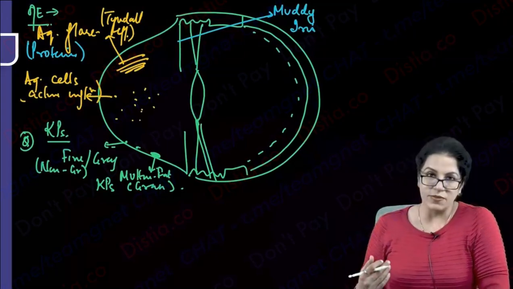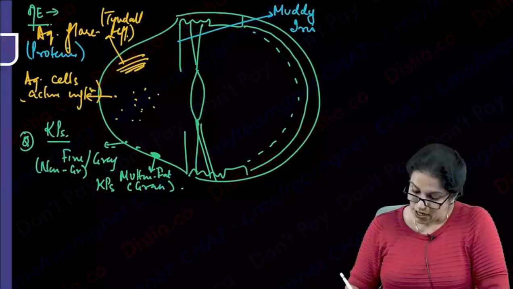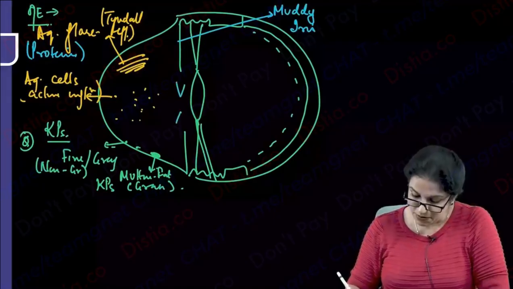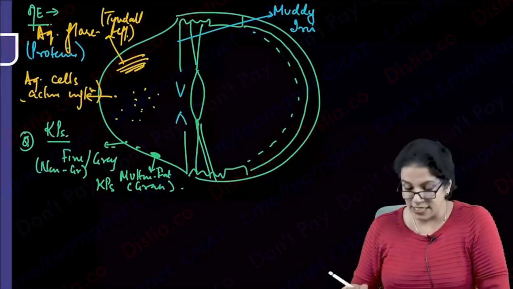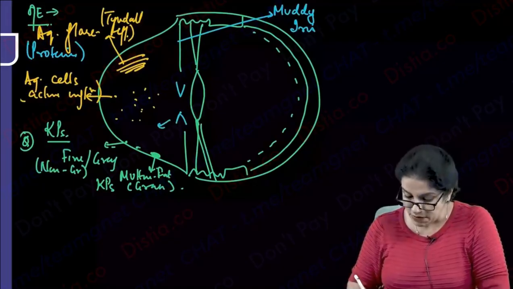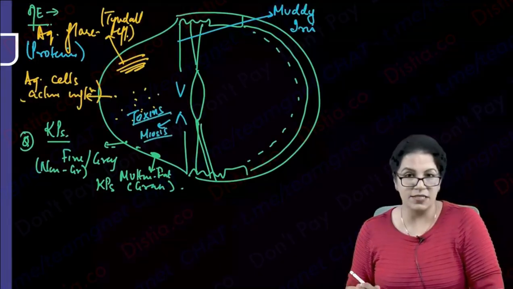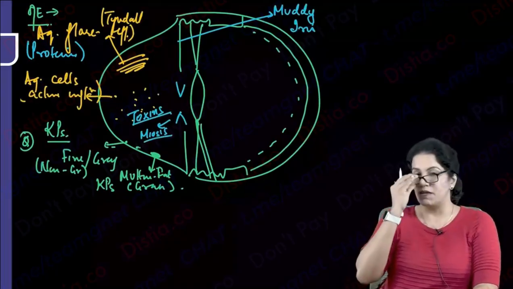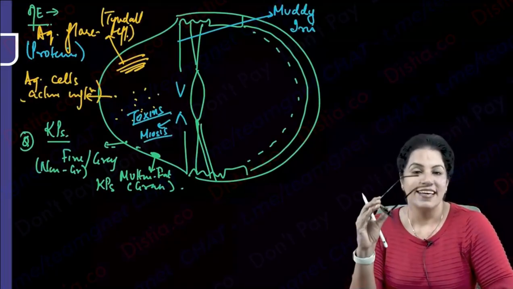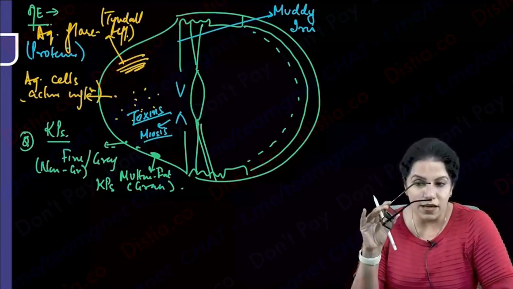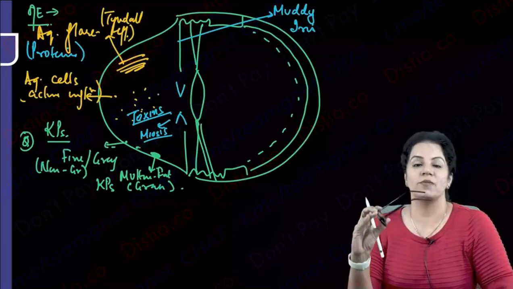Then what else? What are the other findings on the iris? Miosis, a very important point. This is due to release of toxins from inflamed tissue. It irritates the iris sphincter and there is miosis, and this is very important to distinguish from any painful red eye. Always remember, pathognomonic: if there is a miotic pupil, it has to be uveitis.